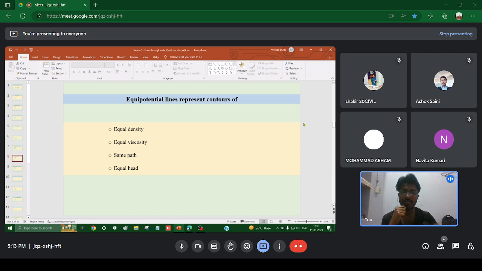Equipotential lines represent contours of.